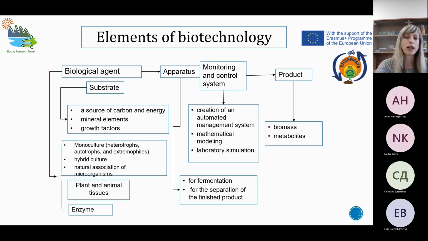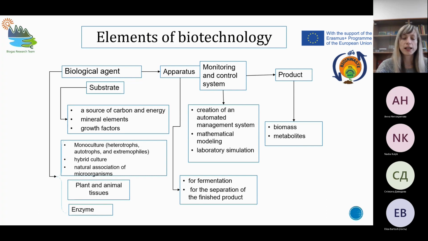Online control of different parameters of fermentation is very important to get good quality of our products and byproducts. It can be biomass or different types of metabolites.